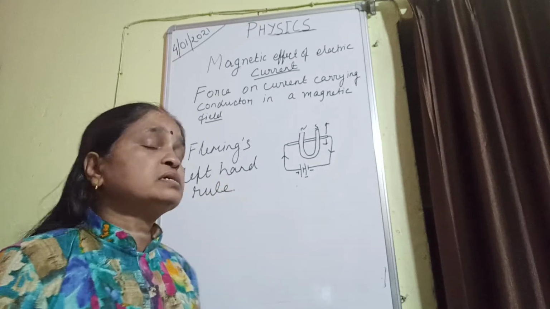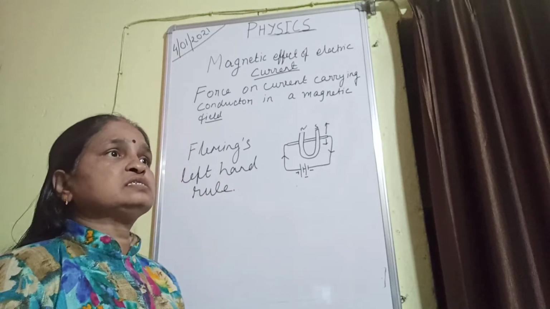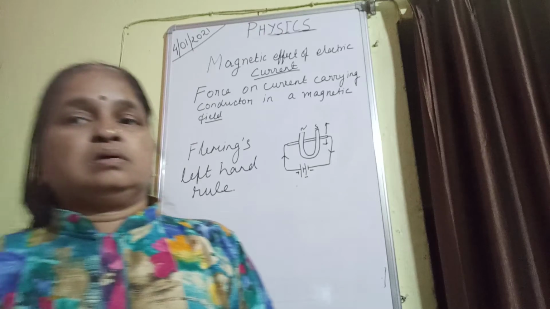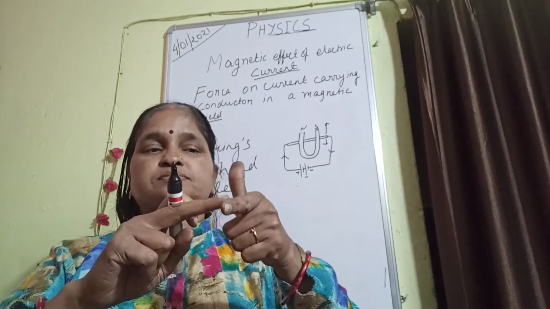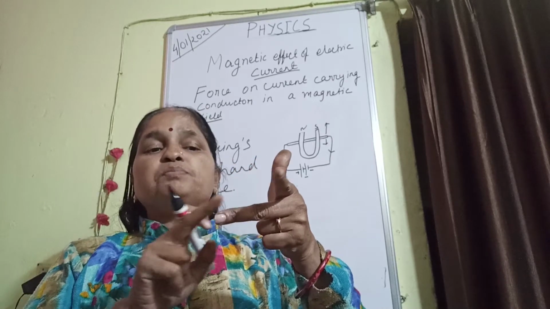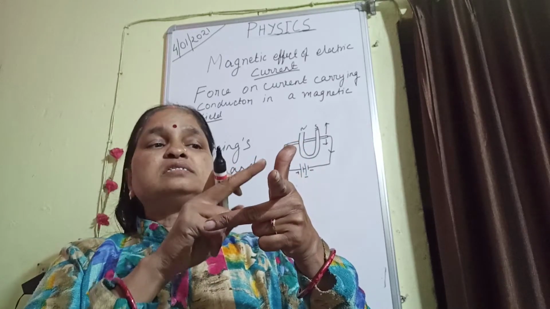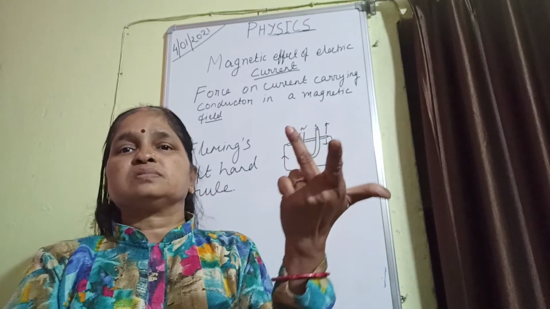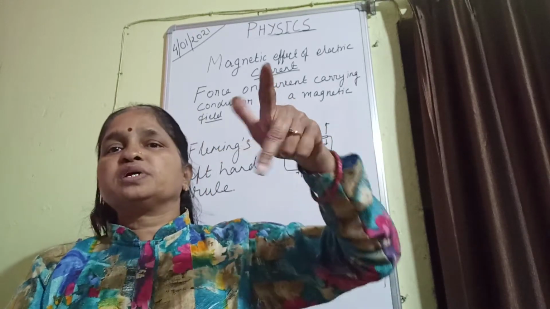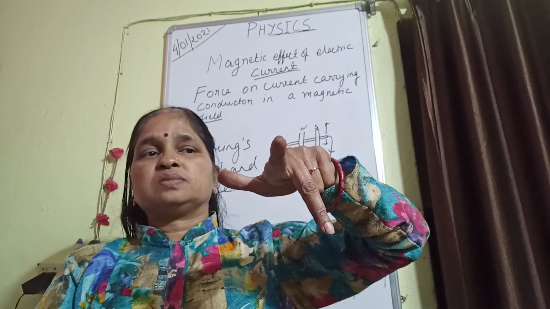What does Fleming's left hand rule say? Stretch the forefinger, middle finger and thumb of your left hand like this, or you can say like this.